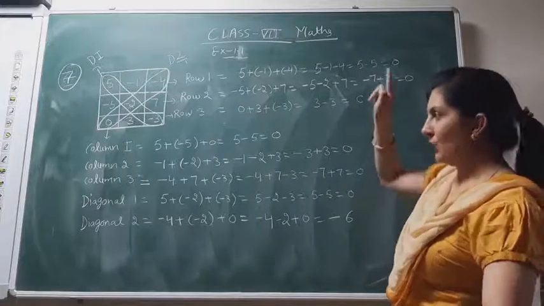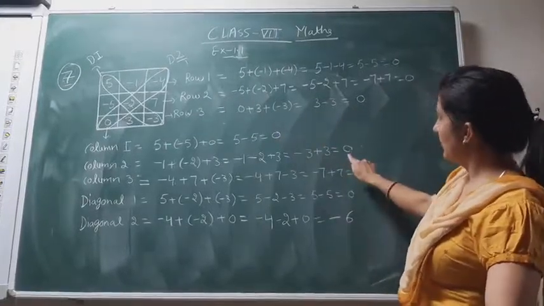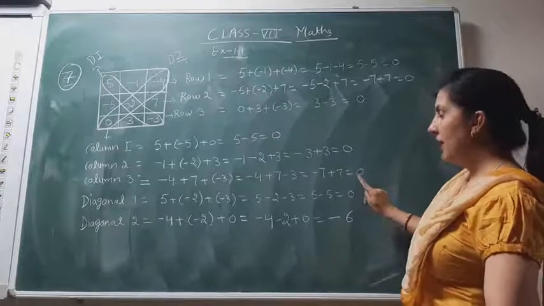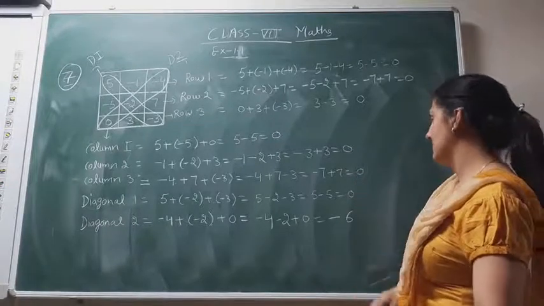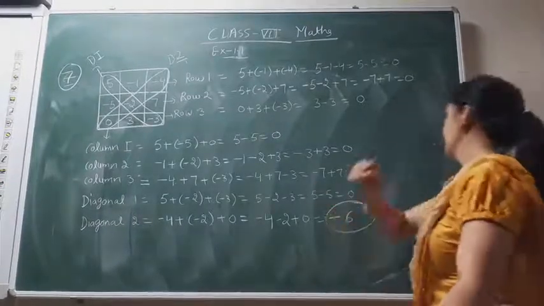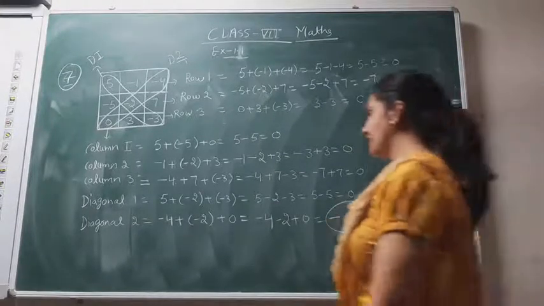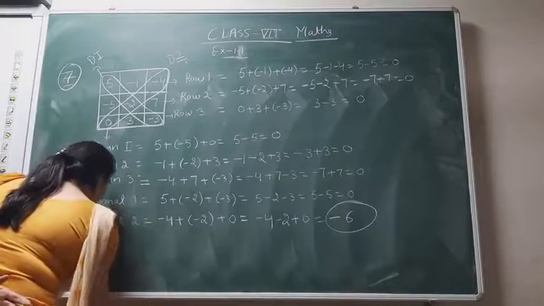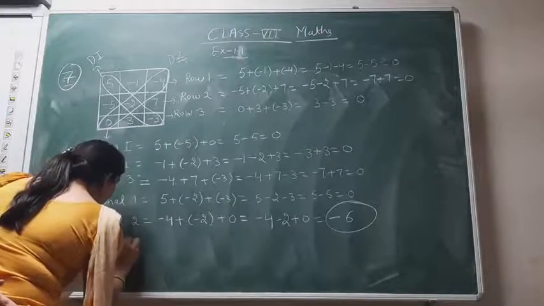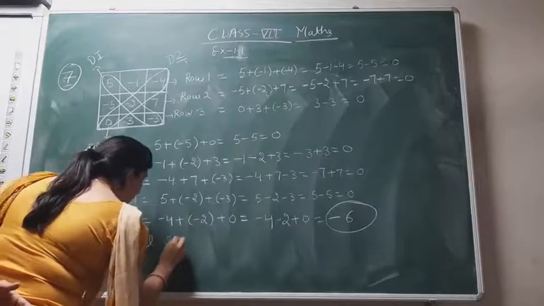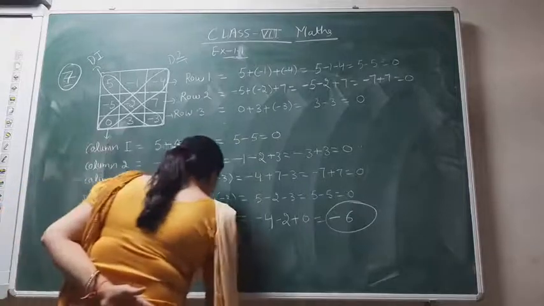Then column 1 is 0, column 2 is 0, column 3 is 0. Diagonal 1 is 0, but diagonal 2 is minus 6. So we say diagonal 2 has a different sum.